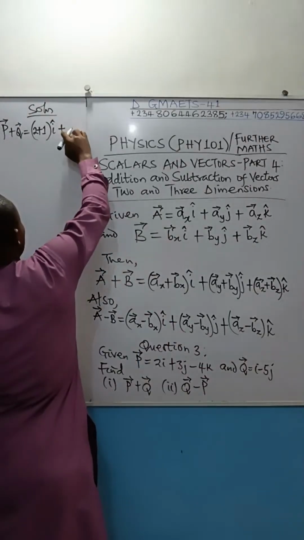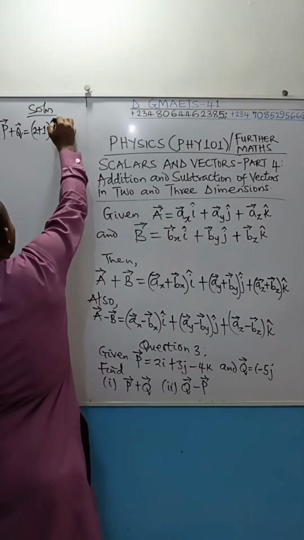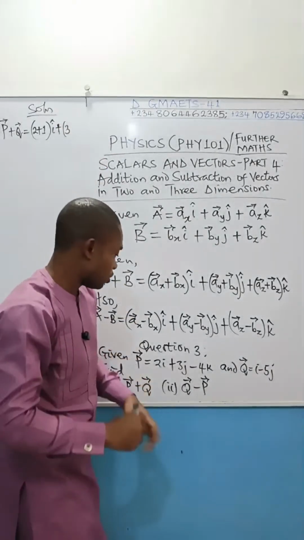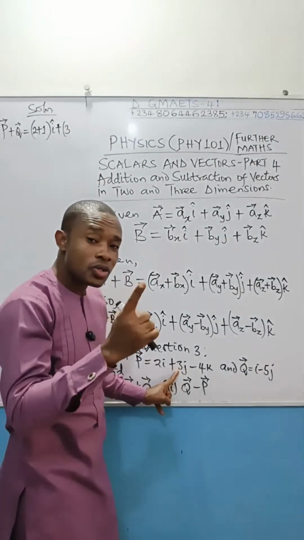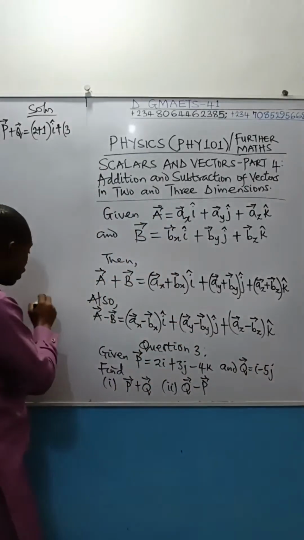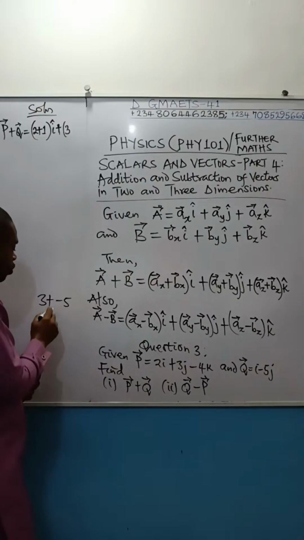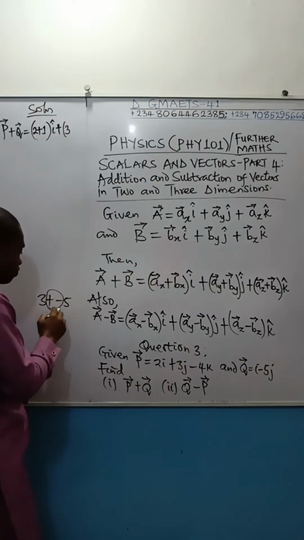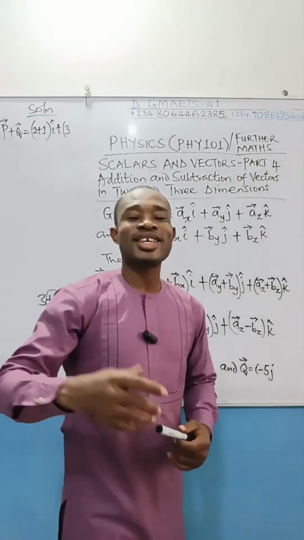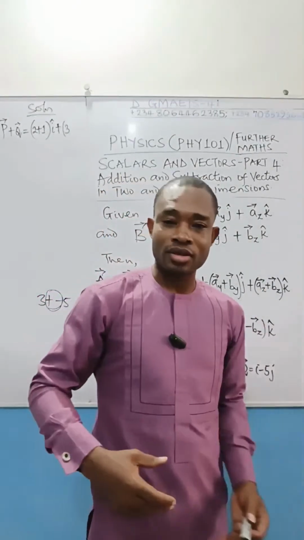So that's going to give us 3 plus minus 5. When two mathematical operations of plus and minus follow each other directly, you have to apply the concept of plus times minus.